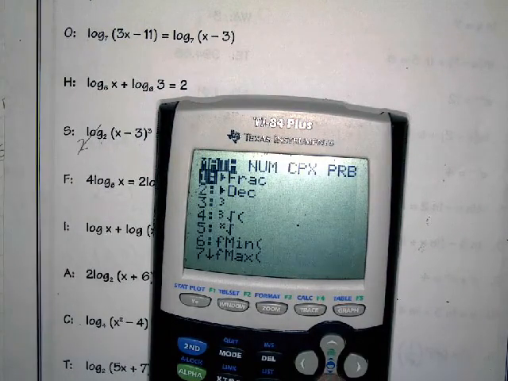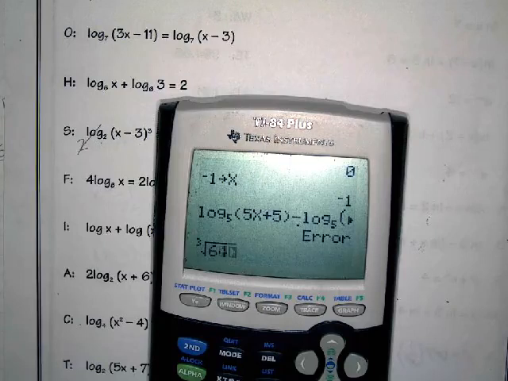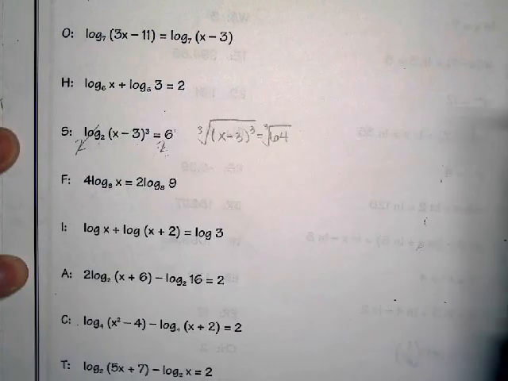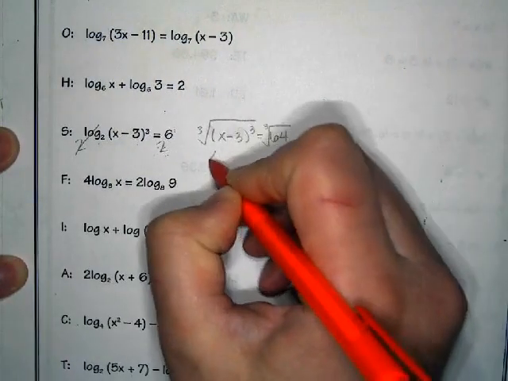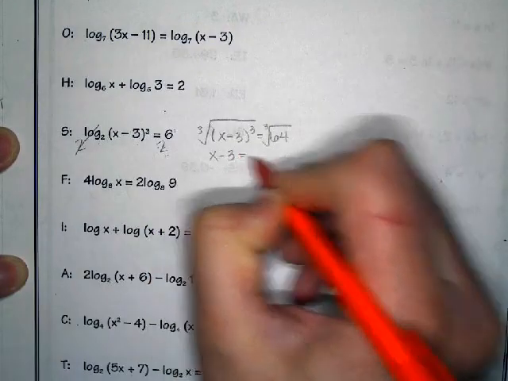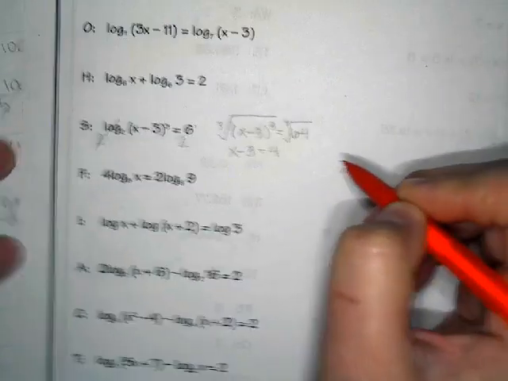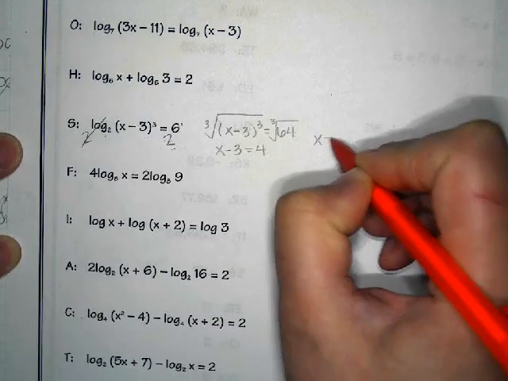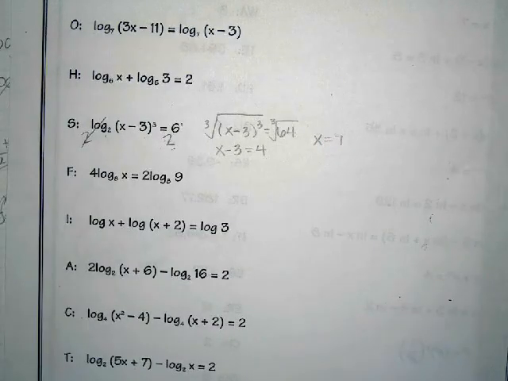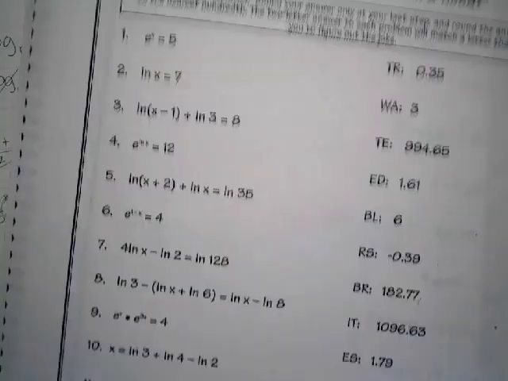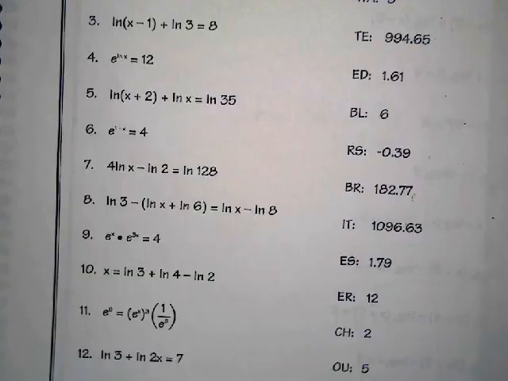So the third root of 64 is 4, so we've got x minus 3 is 4, and then x equals 7. Okay. Which number did we want on the other side? 11. Okay.